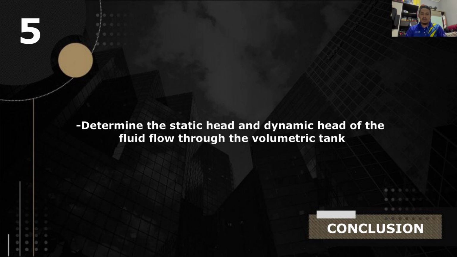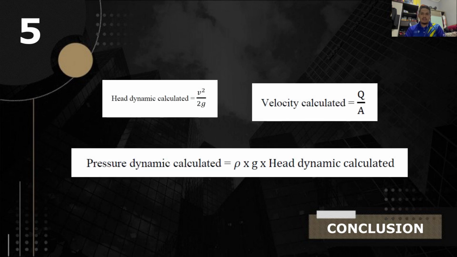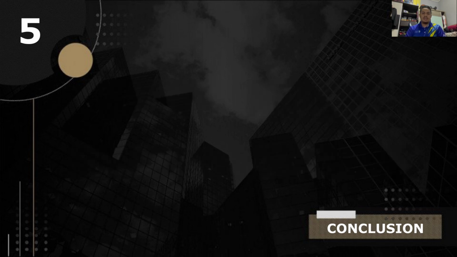After that, we determined the static head and dynamic head of the fluid flow through the volumetric tank by using the formulas of the dynamic head, pressure head, dynamic pressure, velocity, and total head. And lastly, loss in pipes due to pipe friction reduces the accuracy of the reading. Also, the measured velocity is different from the calculated velocity due to parallax error, environmental error, systematic error, and random errors. That's all from us. Thank you.